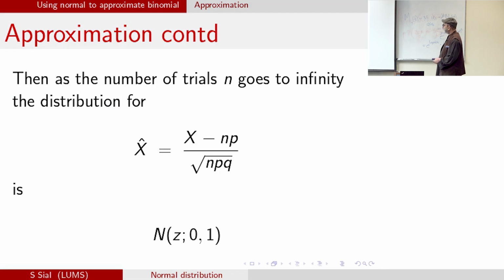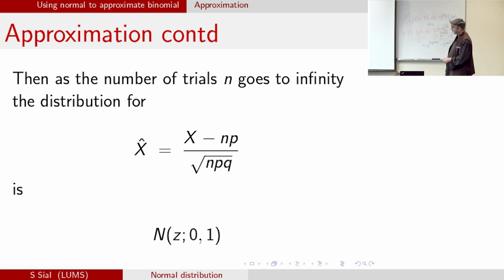So then, as the number of trials goes to infinity, so we're imagining a vast number of trials, we standardize our X, so X minus mu over sigma.